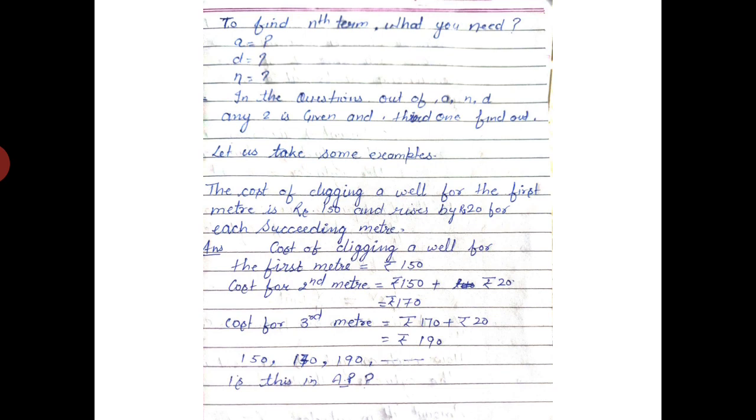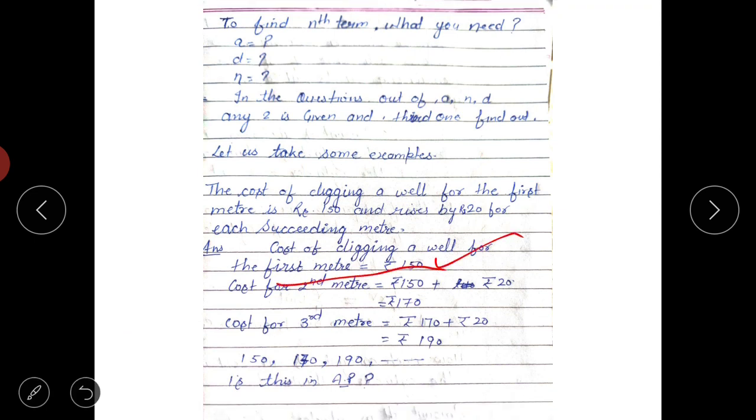If we dig the first meter, it costs 150 rupees. For the next meter, it increases by 20 rupees, so 150 plus 20, it means 170 rupees for the second meter. The third meter is 170 plus 20, which is 190, and further 190 plus 20 is 210.